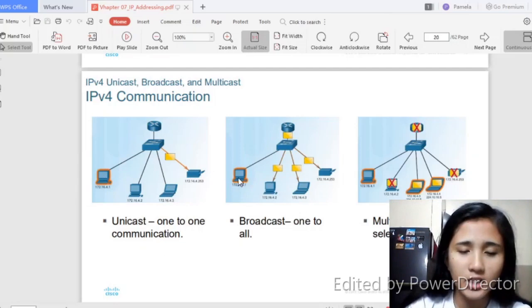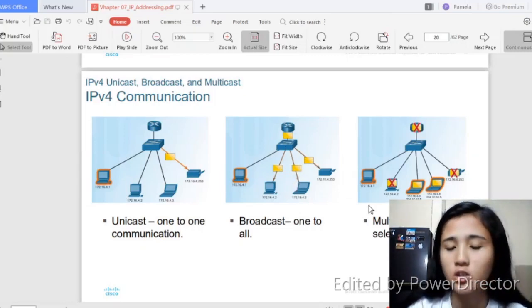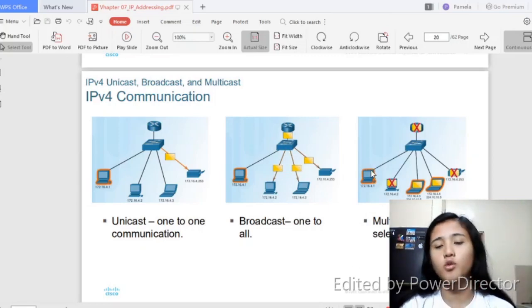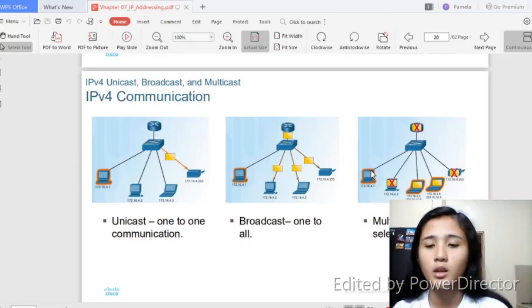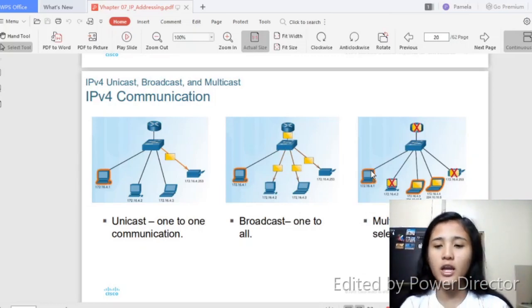Then broadcast is where one message is sent but received by all of the computers. Then multicast is one to a selected group. The message will be delivered to the selected group.